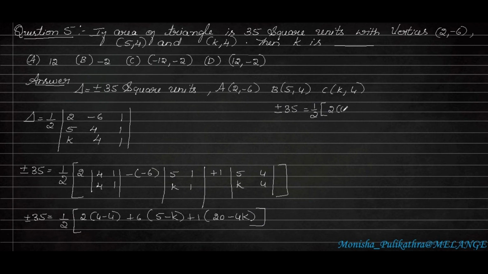So here 2 into 4 minus 4 is 0 plus 6 5s are 30 minus 6 into k is 6k plus 20 minus 4k. Since 0 is there, it will get cancelled. So plus or minus 35 is equal to half into. So here 30 plus 20 minus 6k minus 4k.